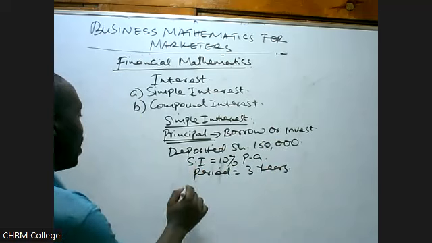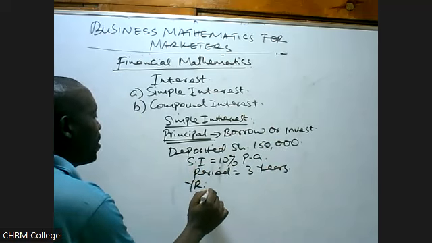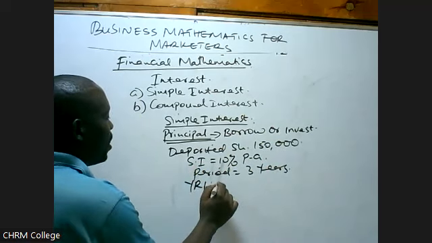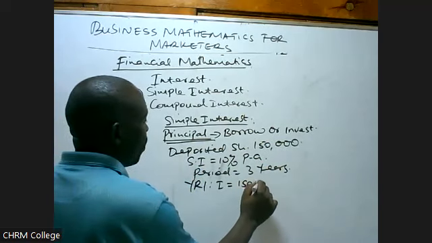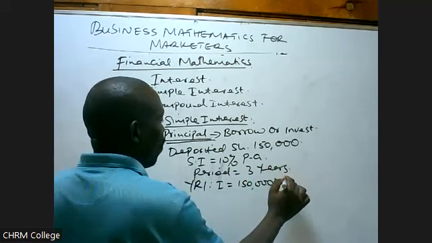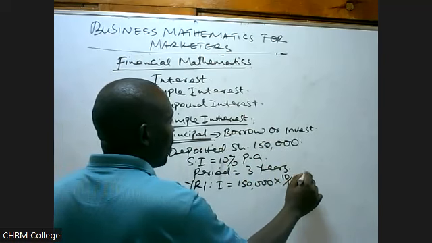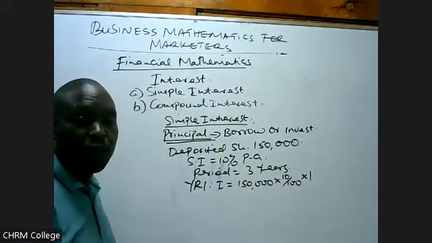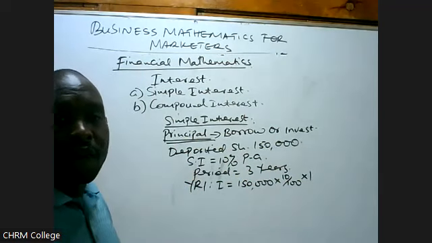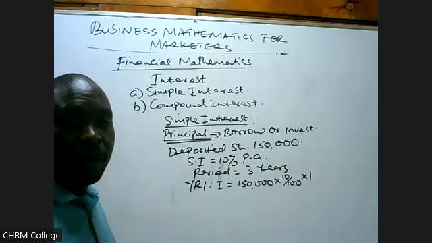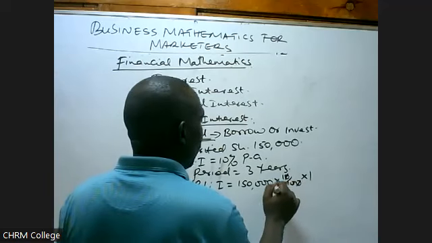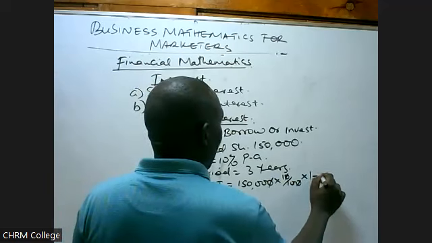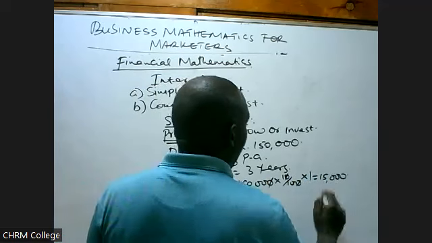So you find that in year one, your interest will be equal to the principal, which is 150,000, times the rate of earning the interest, 10%, times 1 year, because we are only considering the interest for year one, from the beginning to the end of year one. That will be equivalent to an interest of 15,000.